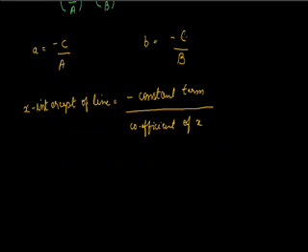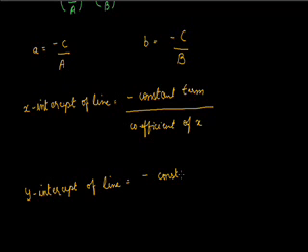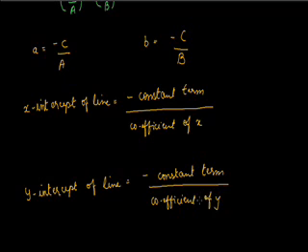Similarly, for small b is equal to minus capital C upon capital B, I know that small b is the y-intercept. So I'll write over here, the y-intercept of the line is equal to minus of constant term whole upon coefficient of y.